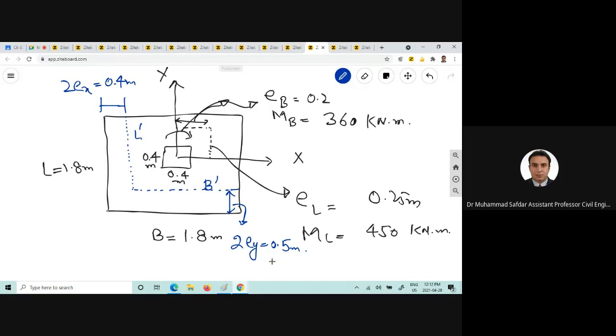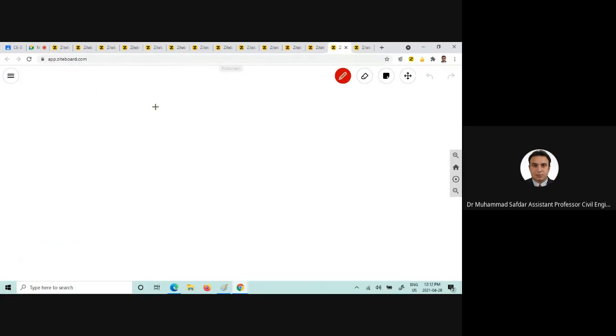What else we are missing? We need to find out Q allowable, and we also need to plot the cross-sectional view of the foundation.